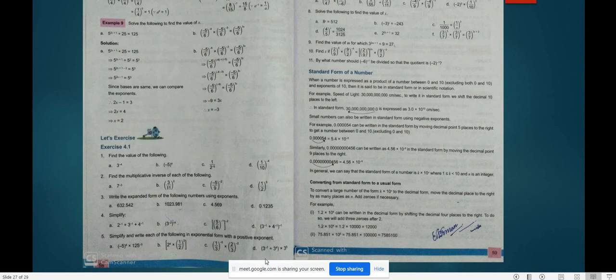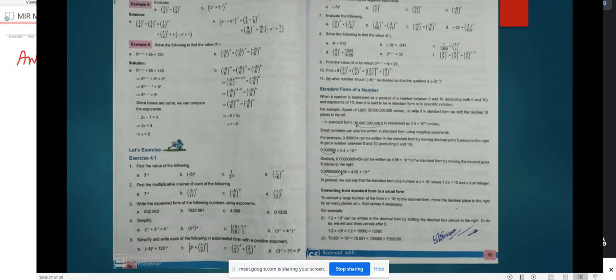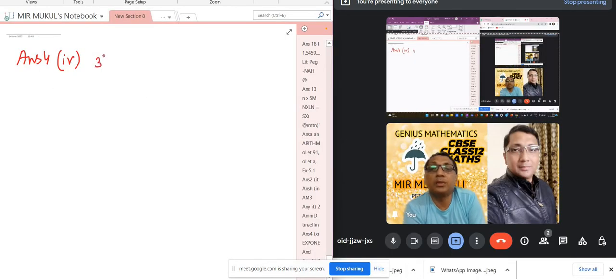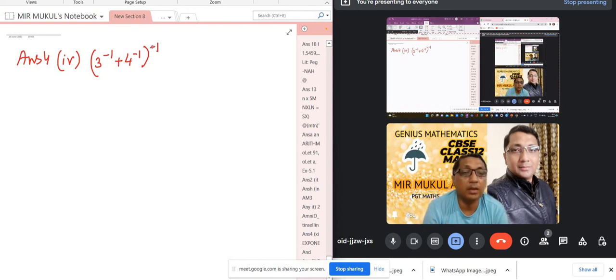Now see the fourth question. Here it is (3 to the power minus 1 plus 4 to the power minus 1) to the power minus 1. Simply use the law of exponents. Remove the negative from the power.